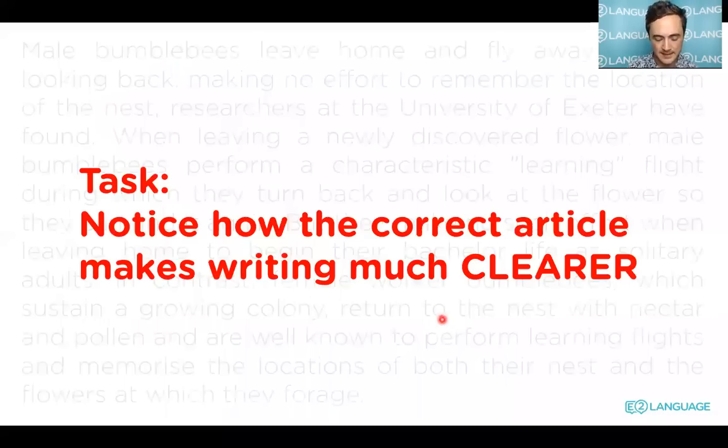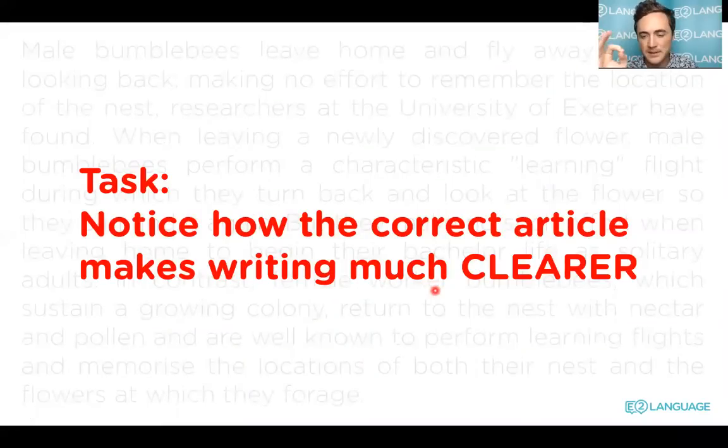Cool. Here's a task. I want you to just read the writing I'm about to show you. And what I want you to do is just to notice how the use of the correct article makes the writing so much clearer. Okay?